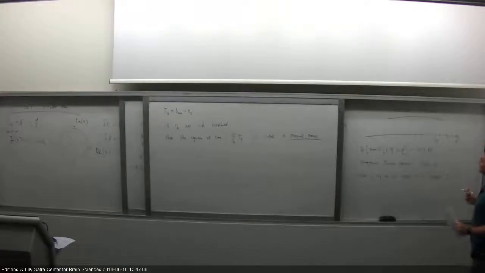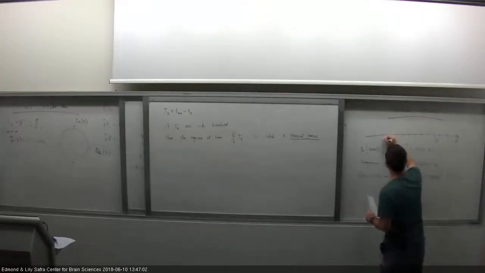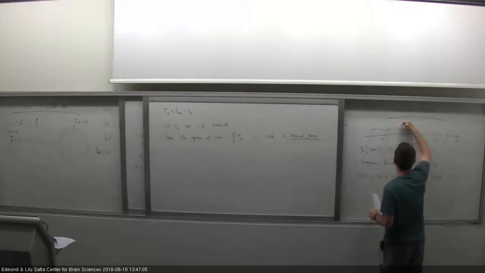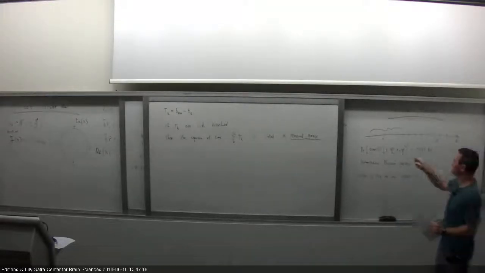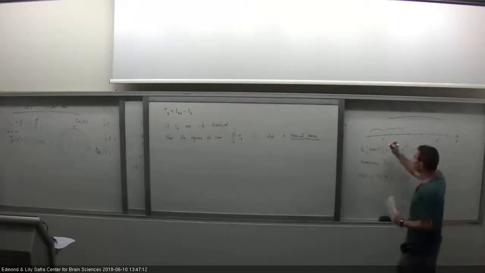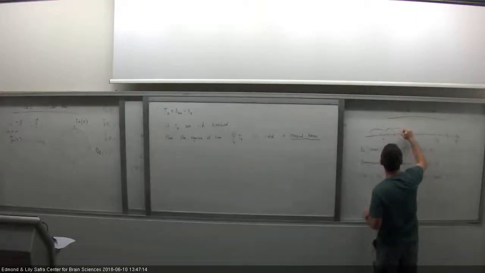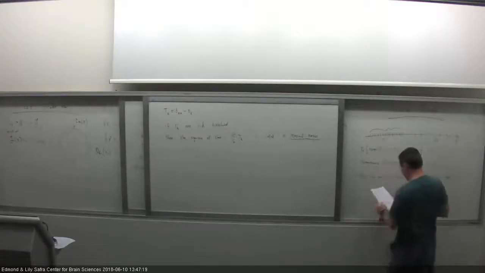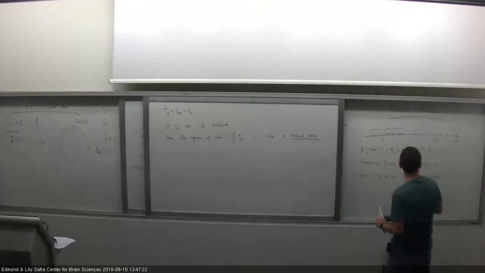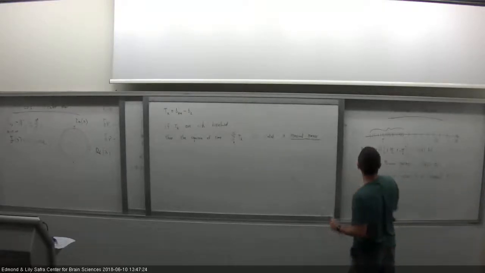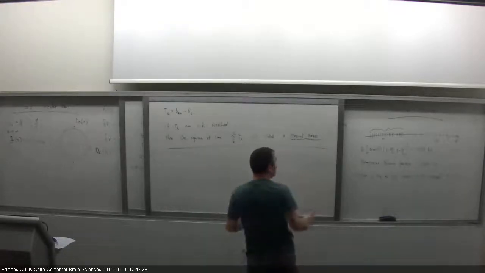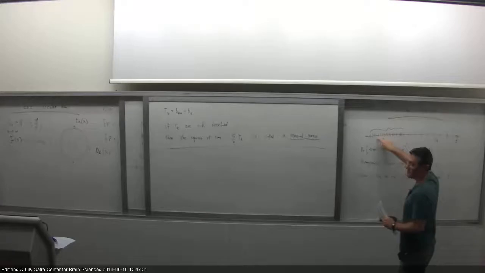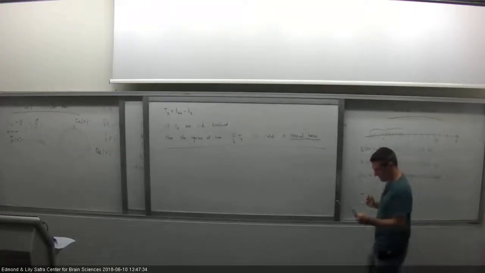So the way to address this question, let's say that this is our interval T. What we will do, we are going to divide this interval T into an infinite number of delta t's. So we will consider each one of these intervals separately.